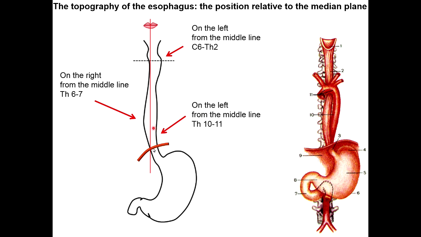And this is place of penetration through the diaphragm. In this place, again we can find esophagus from the left of the middle line. This is level of 10th and 11th thoracic vertebrae.